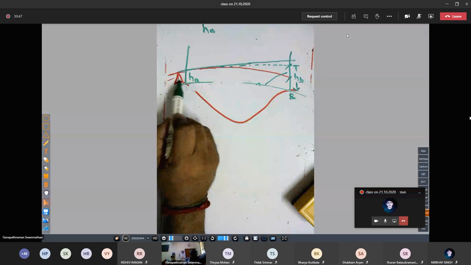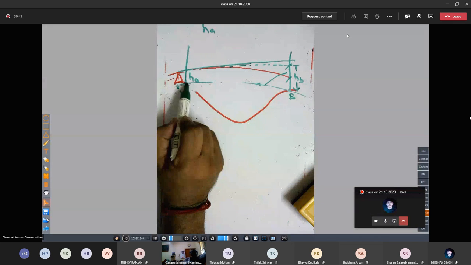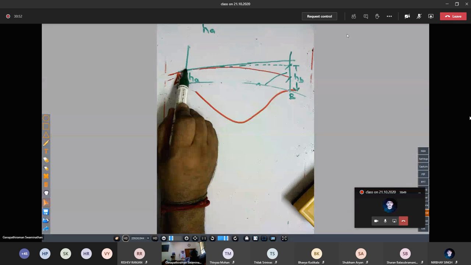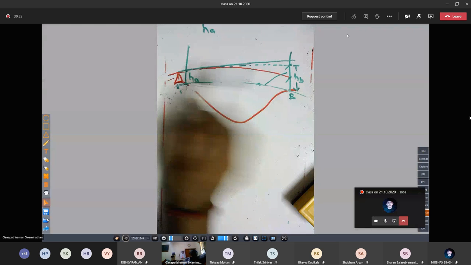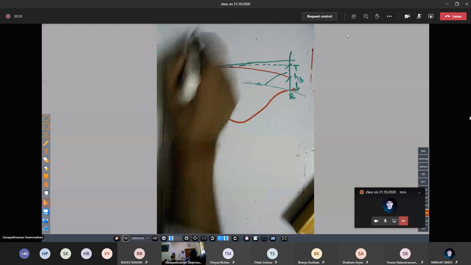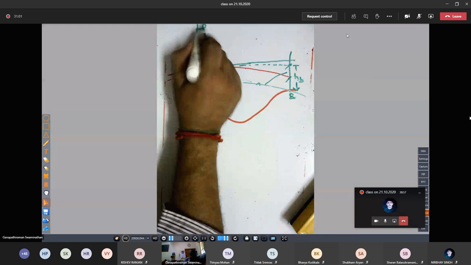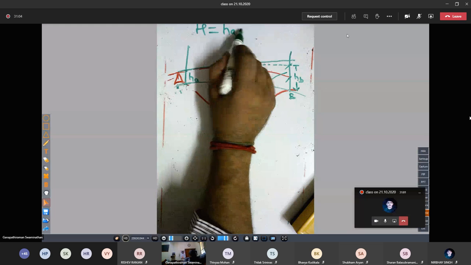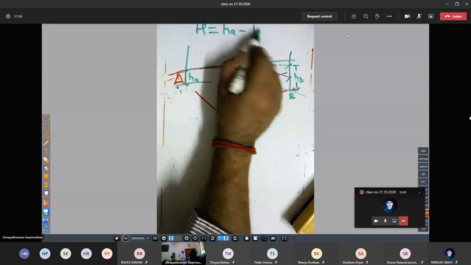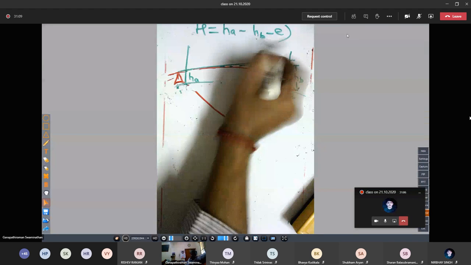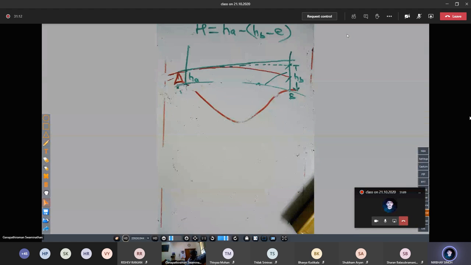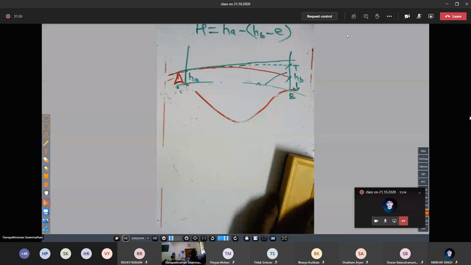Very close to A, all these three lines merge. There is no error. So what is the true difference in elevation between the points? H is equal to HA minus HB minus E. Because you are reading HB erroneous. Now I will reverse this. Can I rub this, or I will draw it here.